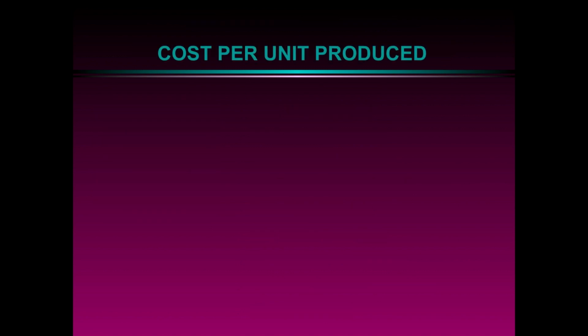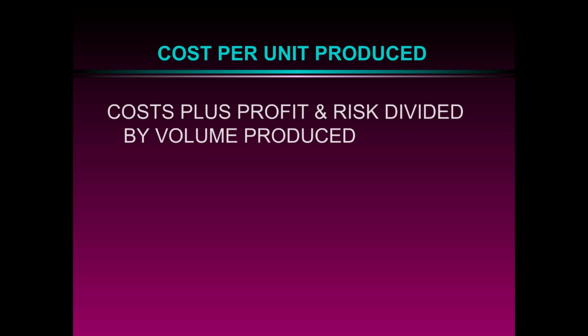So once we have that, we have to go back and think about the cost per unit produced, which is the value that we look at, and that cost is the actual cost of the operation plus the profit and risk that you have for the operation divided by this volume figure that we come up with, let's say on an annual basis.